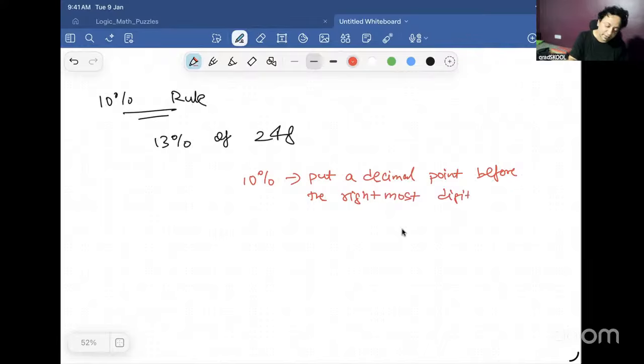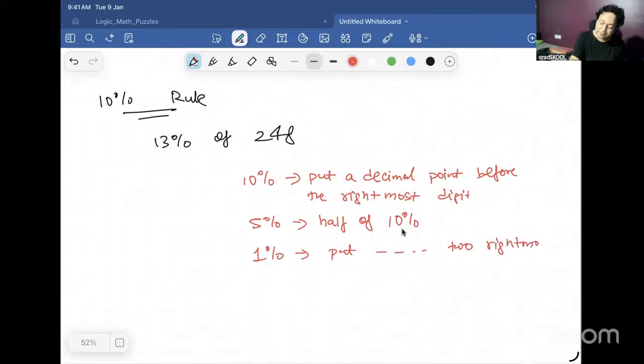If you want to calculate 5%, it will be half of 10%. If you want to calculate 1%, you need to put a decimal point before the two rightmost digits. All right.